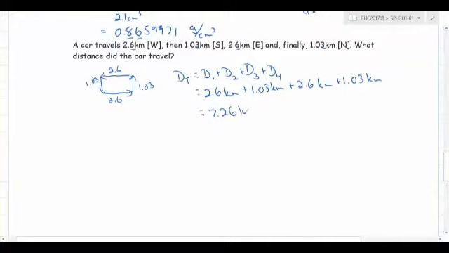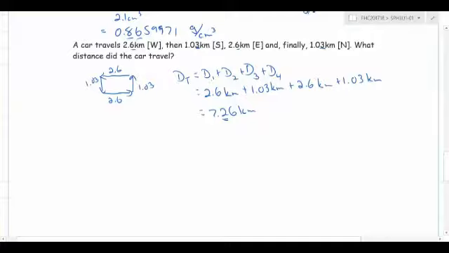So it'll be 7.26 kilometers. And then now the rule here for addition and subtraction is my result can only be as precise as my least precise measurement. So this is precise to the tenths, this is precise to the hundredths, this is precise to the tenths, and this is precise to the hundredths. So my least precise is to the tenths, so I'm going to be limited to the tenths position. So I've got 7.26.